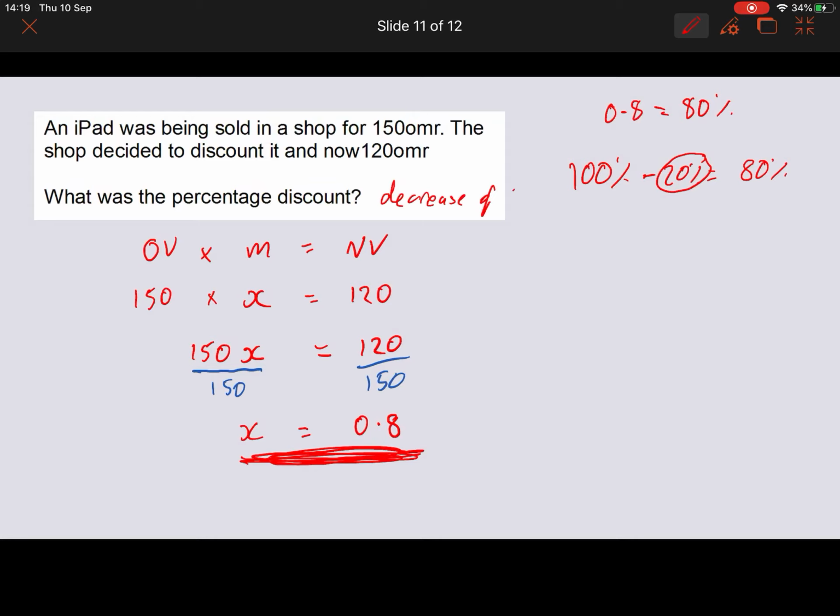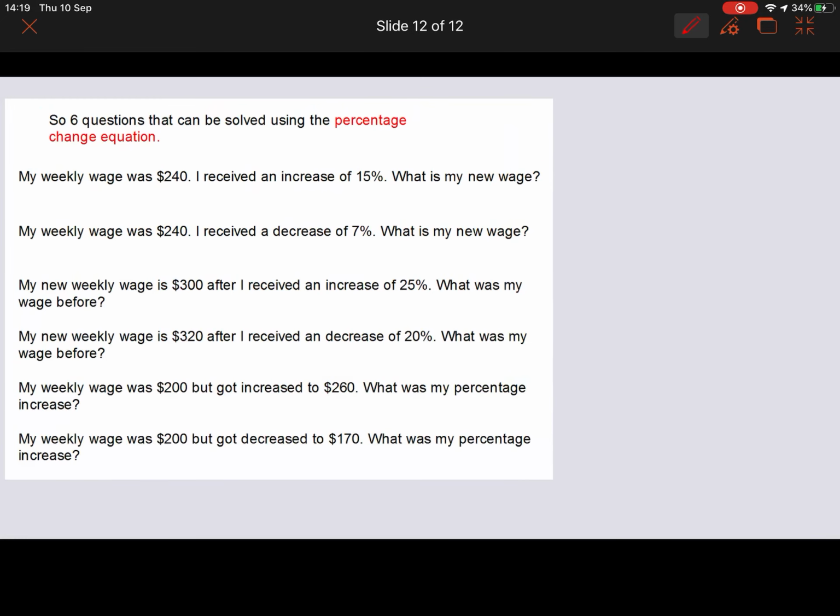So we have decreased by 20%. Timesing by 0.8 means you're decreasing by 20%. So the answer is a decrease of 20%. If that is not clear to you why, then you need to ask, all right?